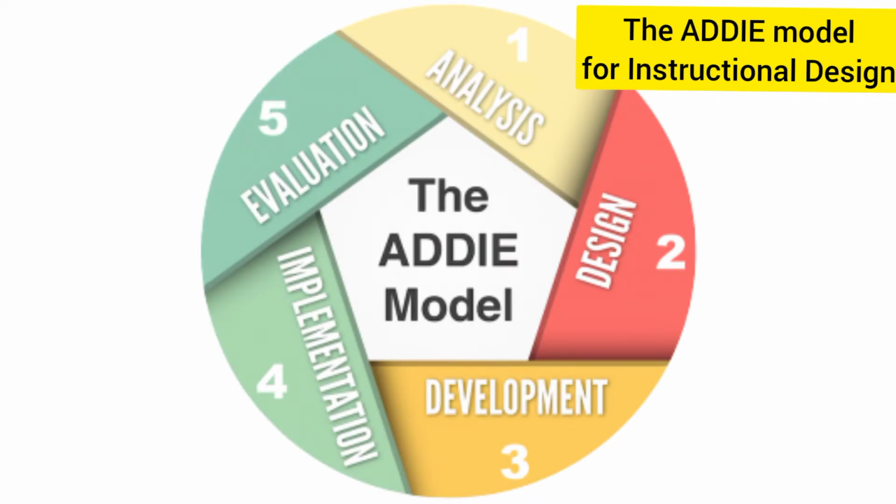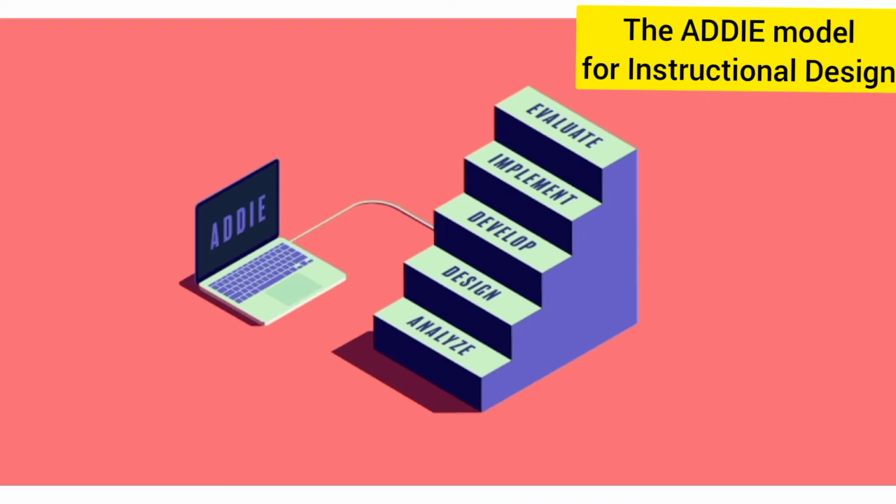ADDIE is actually an acronym for the various steps involved. A, analysis. D, design. The next D is for development. I comes for implementation. E for evaluation. And this is how we sum up the ADDIE.